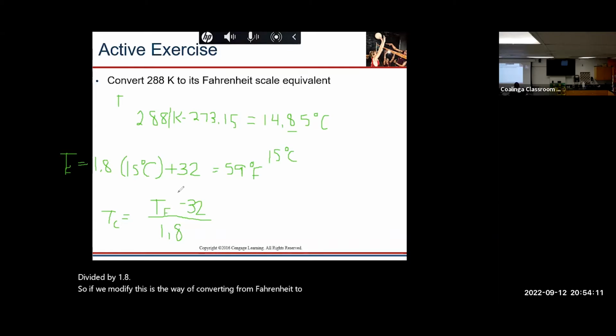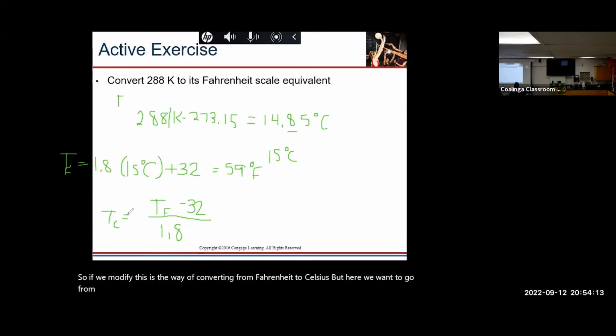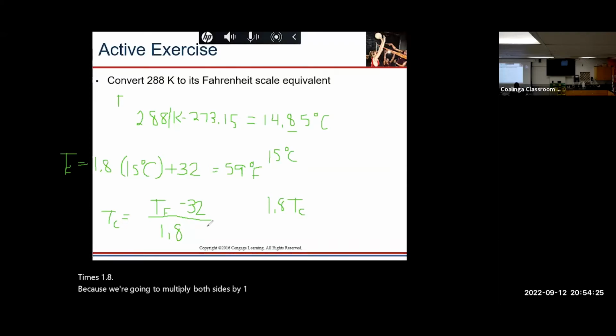So this is the way of converting from Fahrenheit to Celsius. But here we want to go from Celsius to Fahrenheit. So we want to change this equation around. We get TC times 1.8, because we're going to multiply both sides by 1.8. That's going to cancel this out.